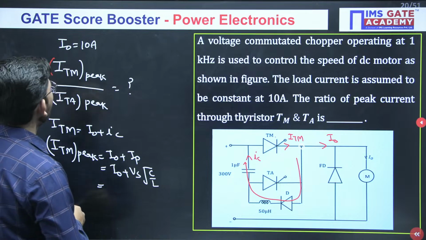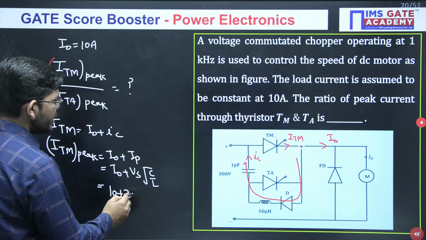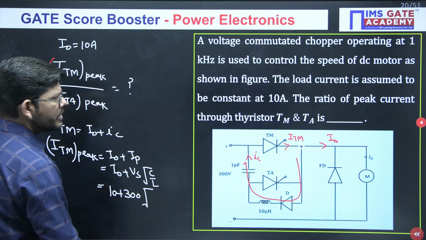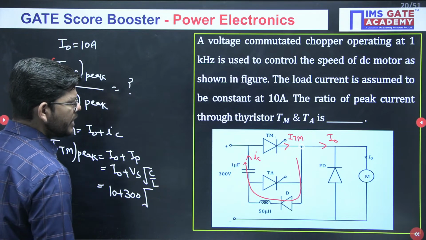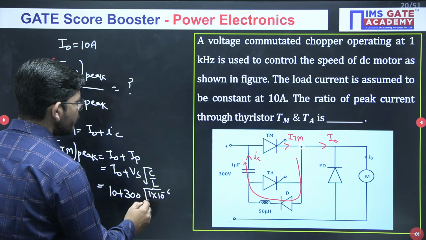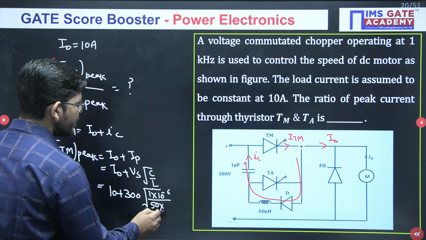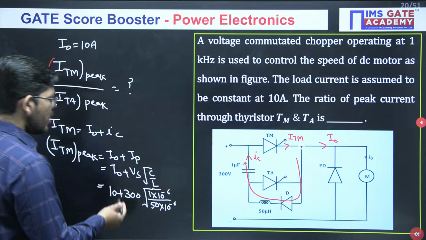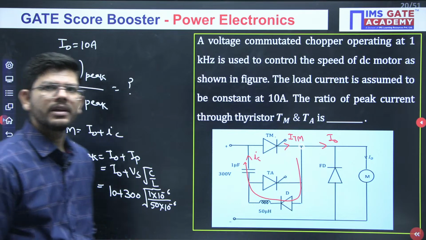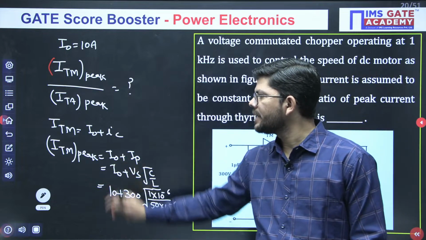Now can you calculate this current? I naught is given to you as 10 ampere plus Vs is 300 volt under root C by L. What is the value of C? 1 microfarad. Then what is the value of L? 50 microhenry. So how much are we getting from here? What is the value of ITM peak?